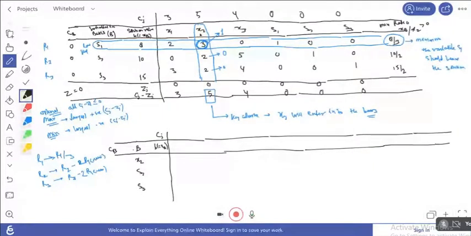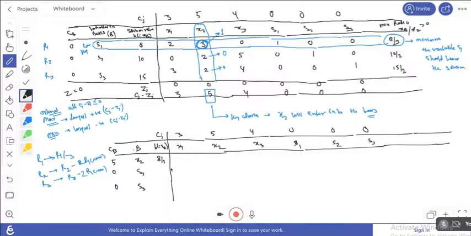The cost of S2 is 5, so here we write this cost as 5, and S3 is 0. The value of this, dividing by 3, becomes 8 by 3. The variables are x1, x2, x3, s1, s2 and s3, and the costs of the corresponding decision variables are 3, 5, 4, 0, 0, 0.